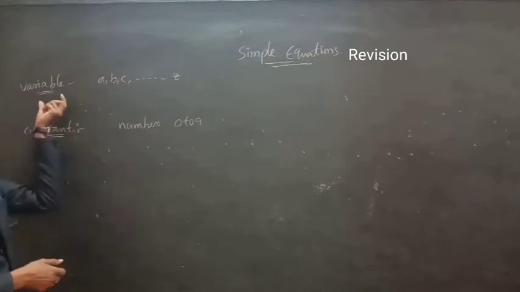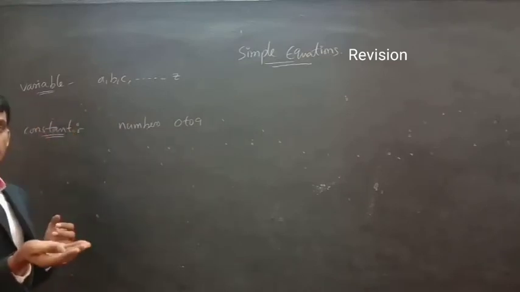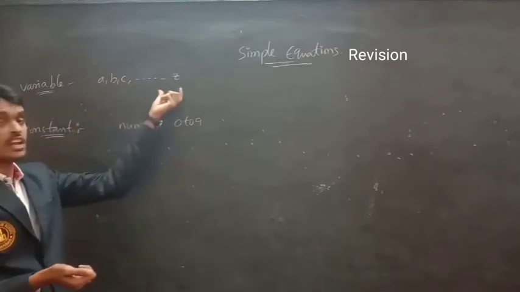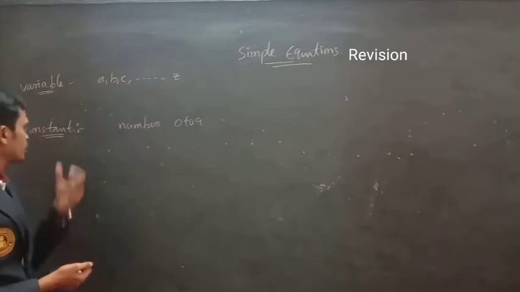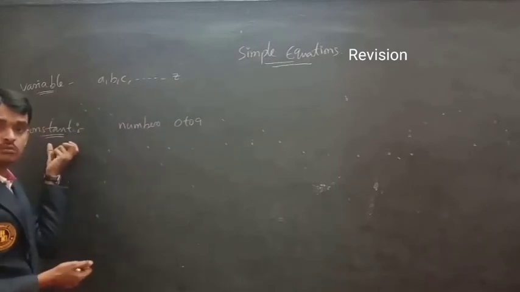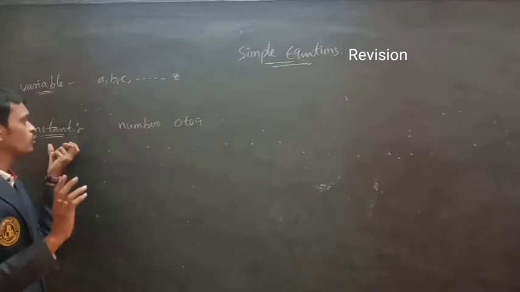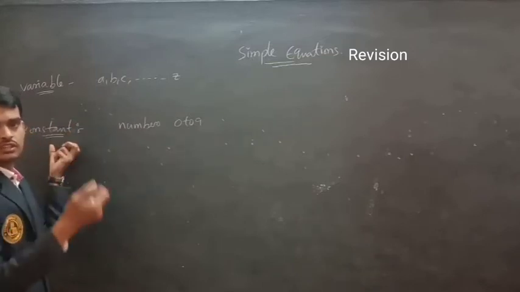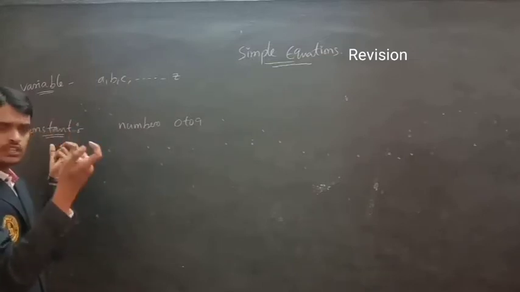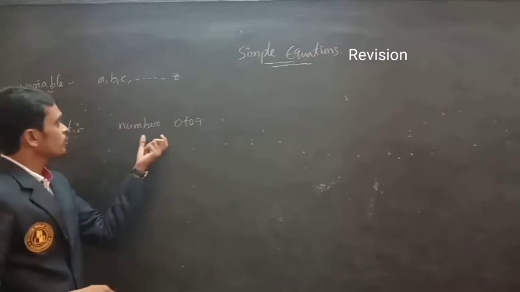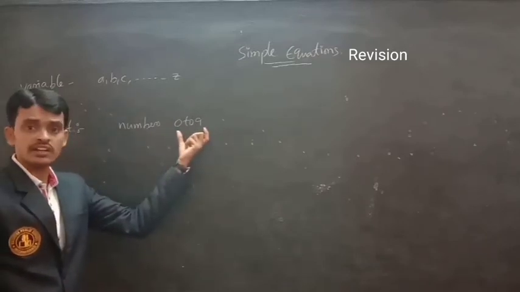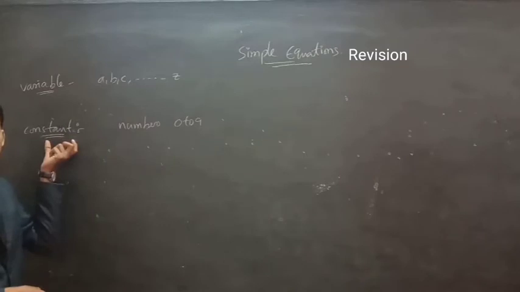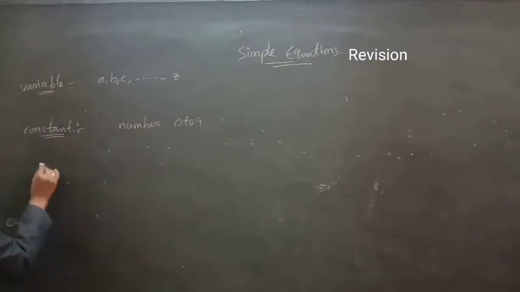A variable takes different values, and we use letters A, B, C, D to represent it. A constant never changes its value; its value is fixed, so we use the numbers 0 to 9 to represent constants.